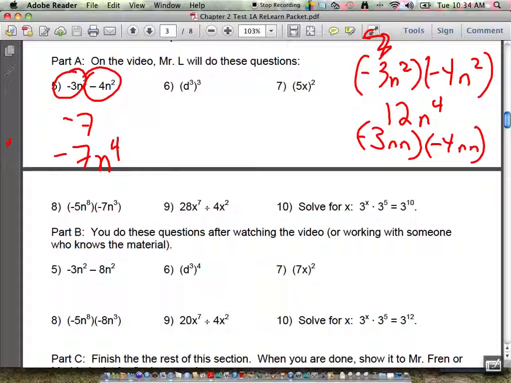And then as I look at this, I have 1, 2, 3, 4. My exponent is going to be n to the fourth because it's multiplying n times n times n times n, which is n to the fourth. The problem is here, I have negative 3 things called n squareds. And I have another negative 4 things called n squareds.